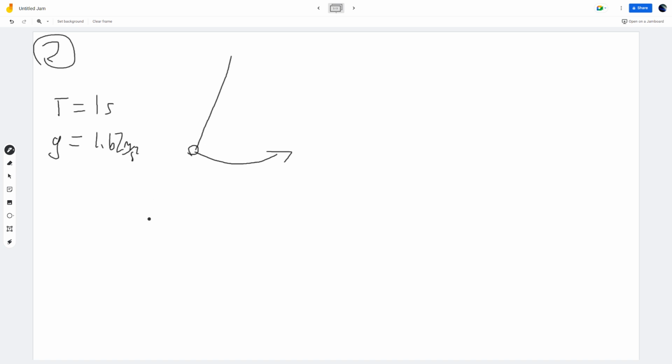It's asking to calculate the length of this string L. So for approximating with small angle approximation, you can say that 2 pi over T equals root g over L, and then we're just solving for L.